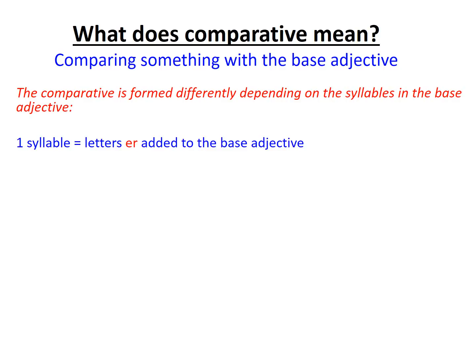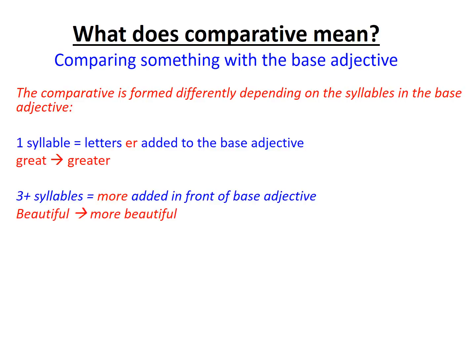So for example, great becomes greater. If the base adjective has three or more syllables, we add more in front of the base adjective. This makes it clearer, and the other versions do not apply otherwise. It wouldn't make sense if we didn't do this.